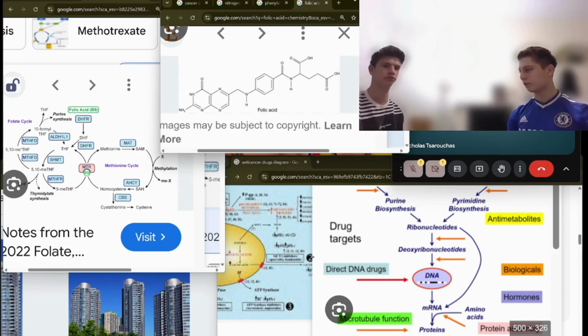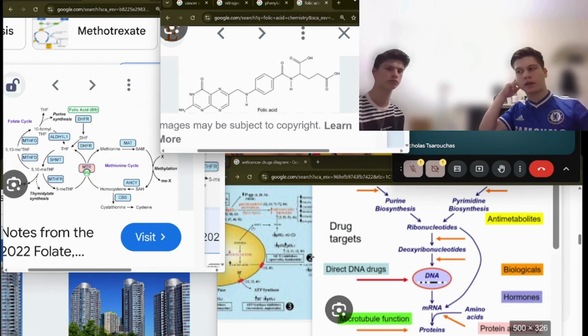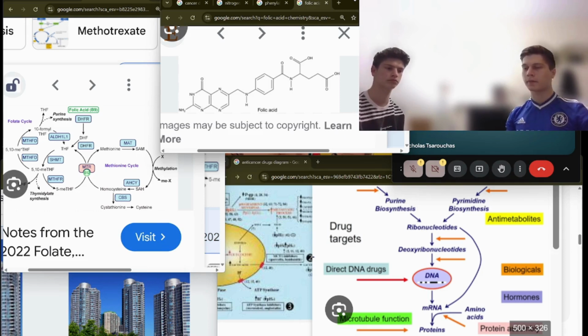Very important for, let's say, replication forks, where you have a copy of your sister chromatid. So in DNA replication, when you have a copy, you can use that copy to repair any damage or mismatch. Okay, any DNA damage.